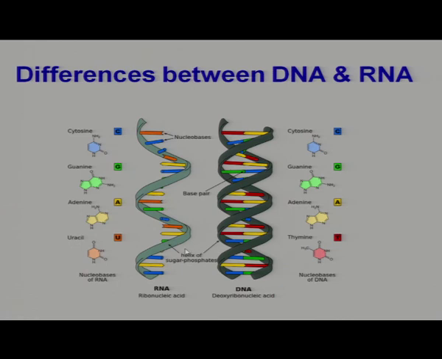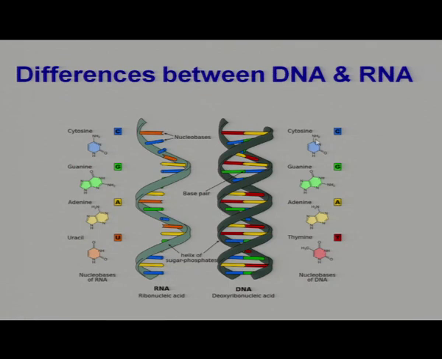Now, here are some differences between DNA and RNA. RNA has 4 types of nitrogenous bases: cytosine, guanine, adenine and uracil. Thymine is not there in RNA. DNA is double stranded, and has cytosine, guanine, adenine and thymine bases.